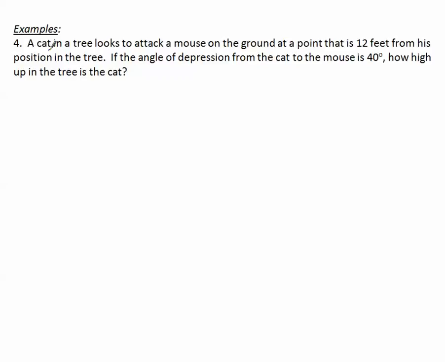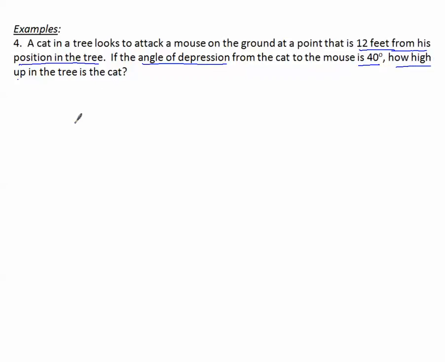Number 4, a cat in a tree looks to attack a mouse on the ground at a point that is 12 feet from his position in the tree. If the angle of depression from the cat to the mouse is 40 degrees, how high up in the tree is the cat?